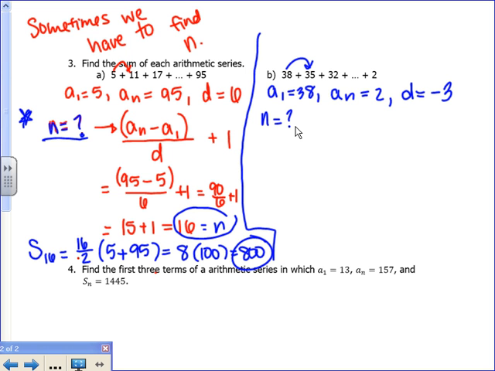Now again, we don't know what n is, so let's go ahead and figure that out first. So again, I'm going to do a sub n minus a sub 1, so 2 minus 38 over my d, which is a negative 3. So that's going to give me a negative 36 over a negative 3. That's going to give me a positive 12.